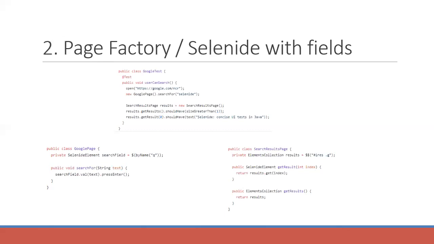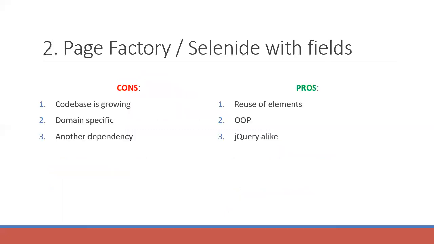Or classic Page Factory, it's pretty similar, but Selenium, the driver, has its own annotations or attributes for different languages, a different style, but basically those are supposed to be private fields of the class, so you don't expose them. So yeah, the code base is growing, domain specific. Again, another dependency.